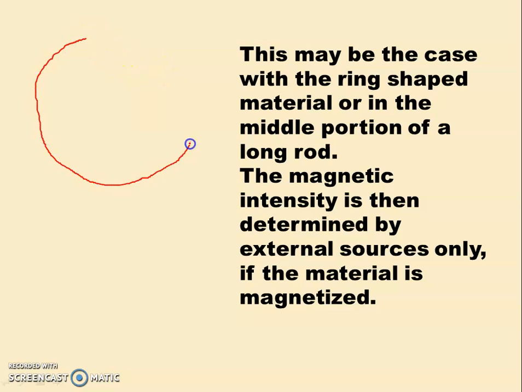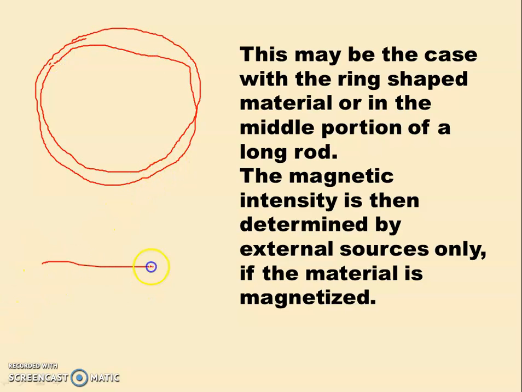That means like this, suppose this is a ring shaped material. These possibilities are there, or in the middle portion of a long rod like this.